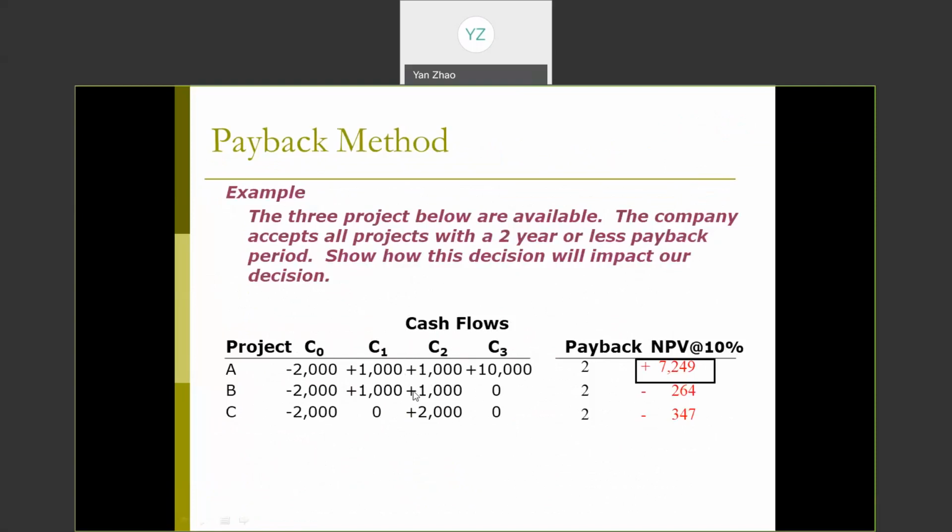If you use the discounted cash flow numbers, let's see, if you set the cutoff as 1 year, for example, say, I need 1 year to recover my initial investment, then we should not accept project A. But you see, project A has a very positive number, okay? So when you're calculating the discounted payback period, there is still a chance you are rejecting a very positive net present value project.